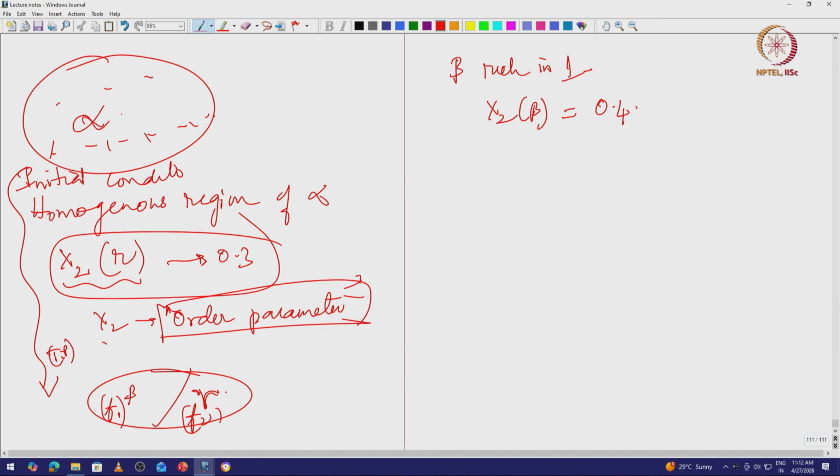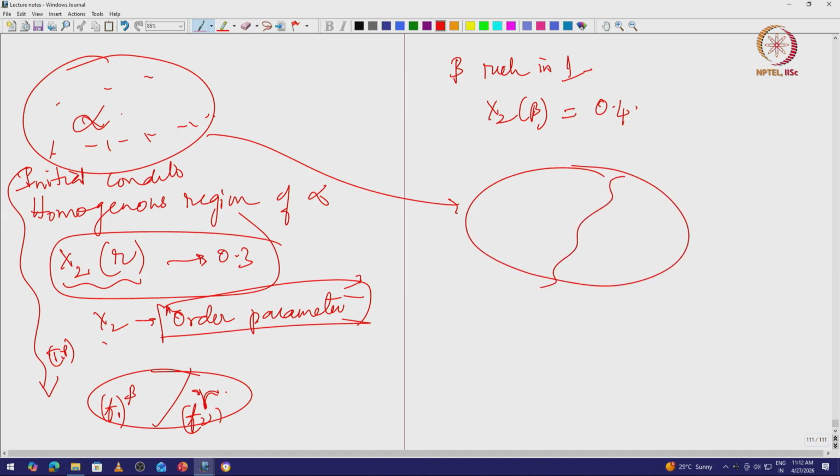Okay. So, I take this volume, and out of this volume, some fraction of it now has more species number 1, right. So, this has equal species, so species x2 initially equal to 0.3, but now in this region, right.